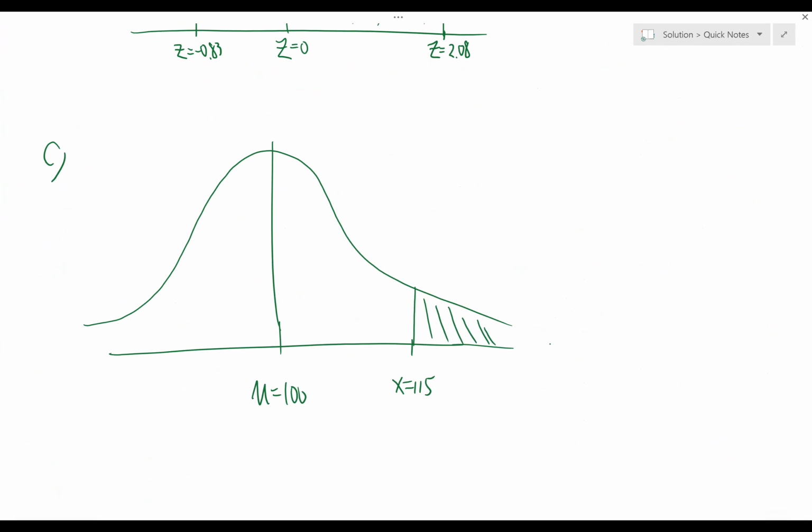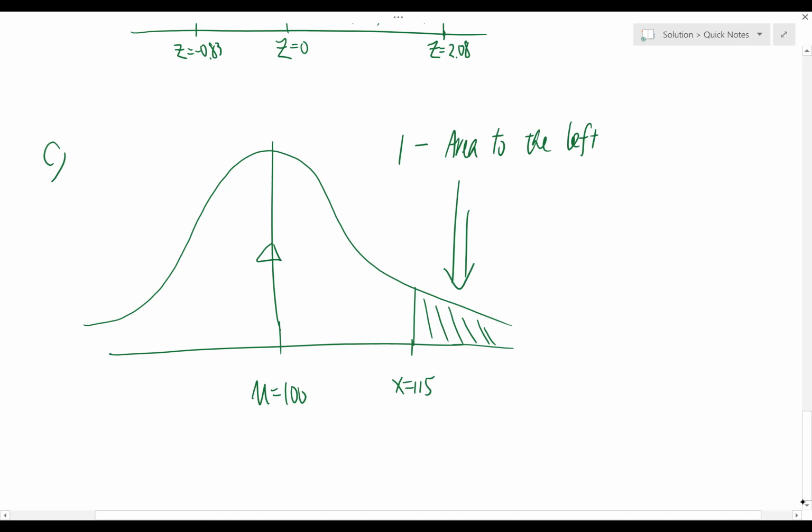Remember, from the table we can find the area to the left. If you want the area to the right, you use the total area 1 minus the area to the left. That's how we get the area to the right. So this is the general principle.